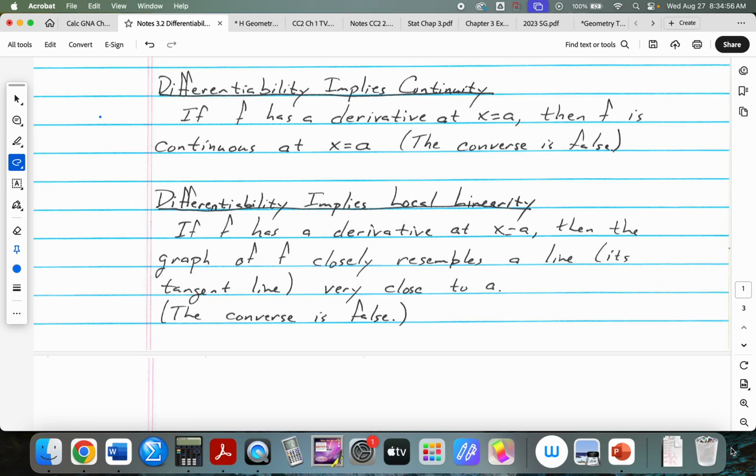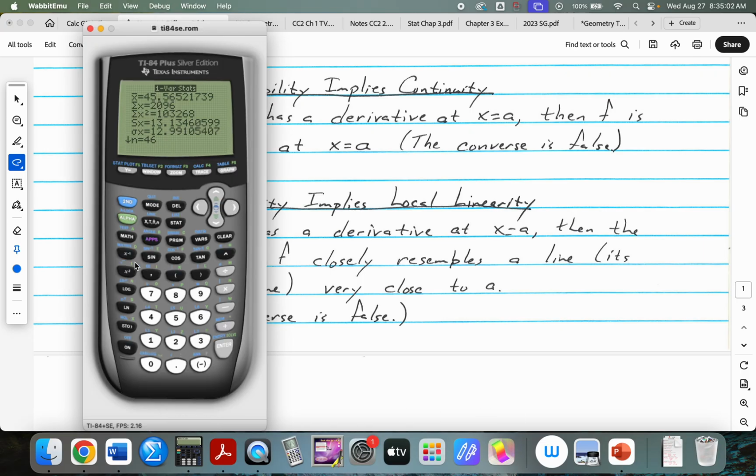If you just pick any kind of smooth function, let's say I'm going to turn this plot off. We were looking at 4 sine of x, and let's do a zoom.